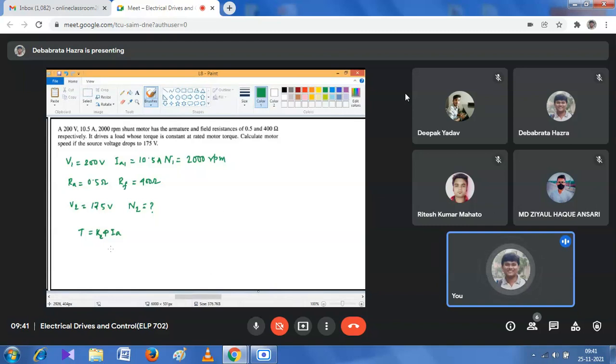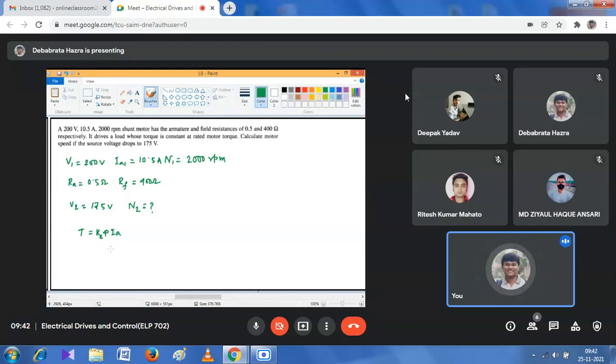In case of a shunt motor, if the supply voltage is constant, then we can consider phi is constant. But where the supply voltage is variable, you cannot consider phi is constant.